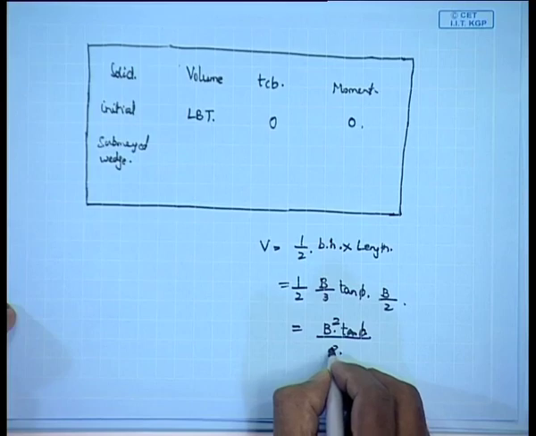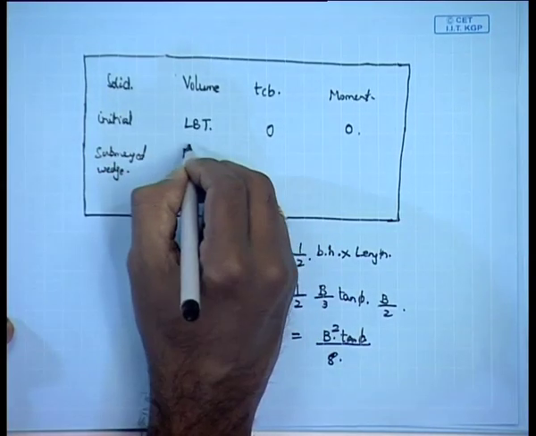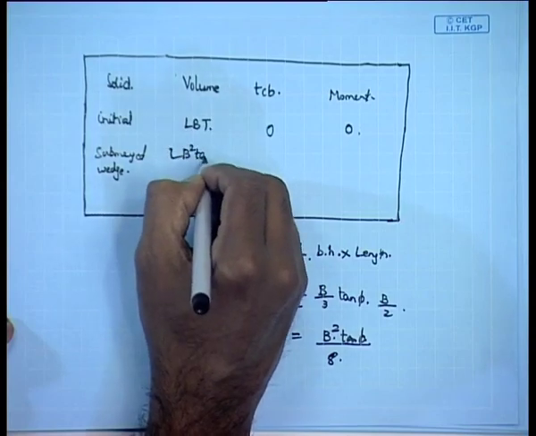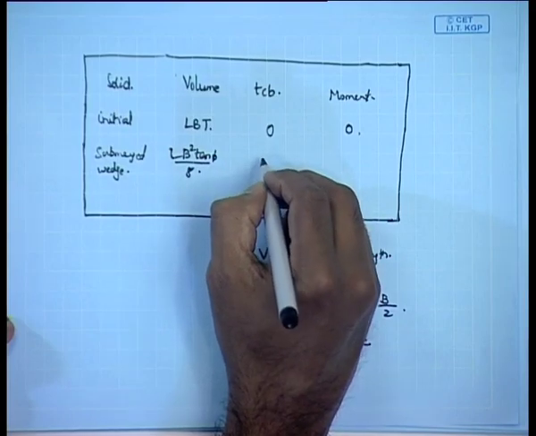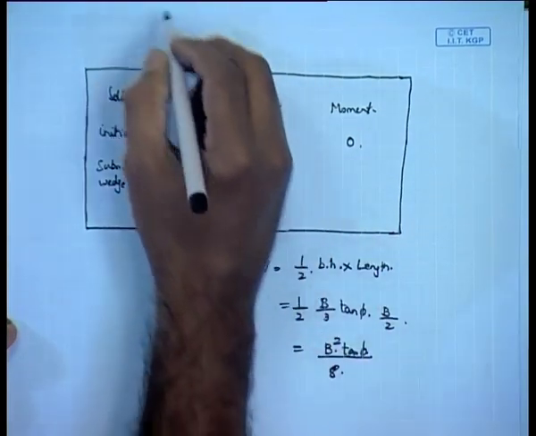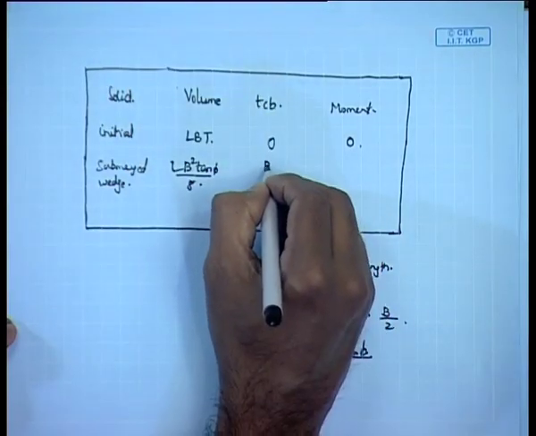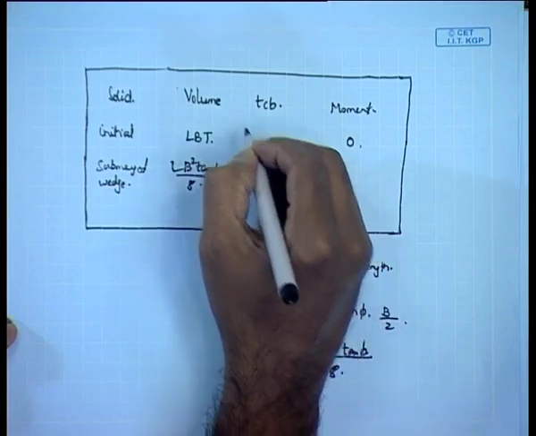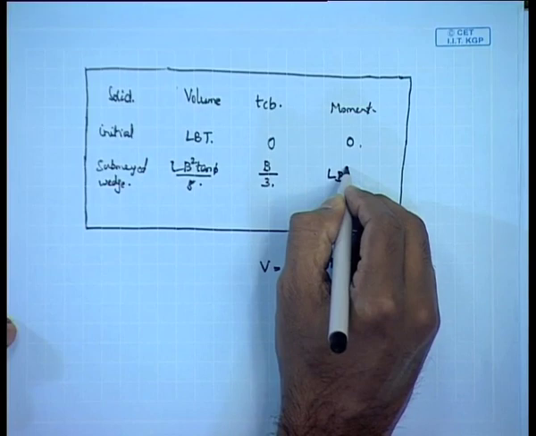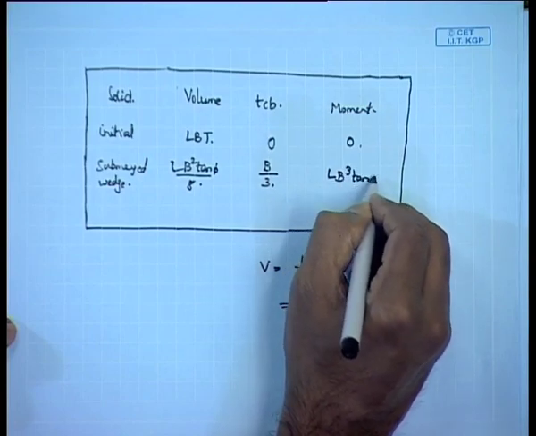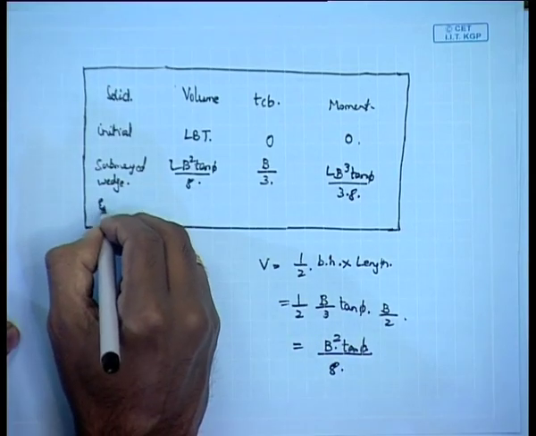Anyway, the volume is L B squared tan phi by 8, and the TCB is the transverse center of buoyancy, this distance, which is equal to B by 3. The moment is the product of these two, which is L B cubed tan phi by 3 into 8. And similarly there is an emerged wedge.